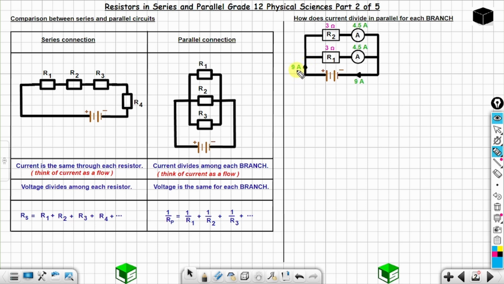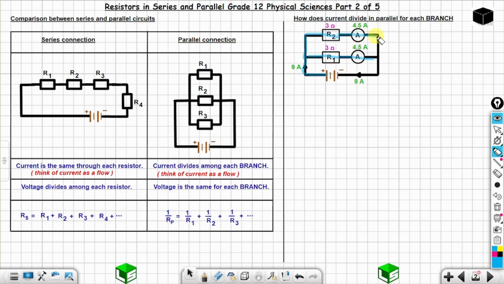You have the 9 amperes from the battery, which divides. So you have 4.5 through this resistor and 4.5 through this resistor. This is what you are reading using an ammeter.